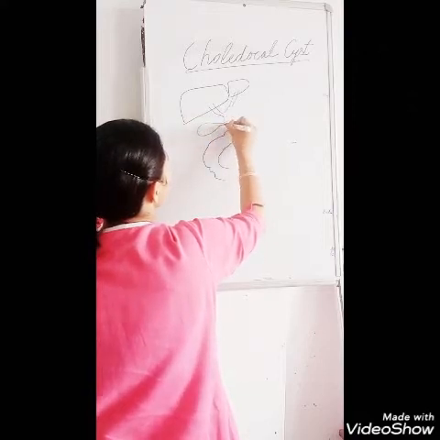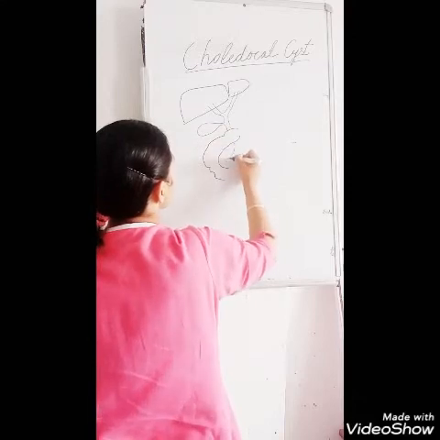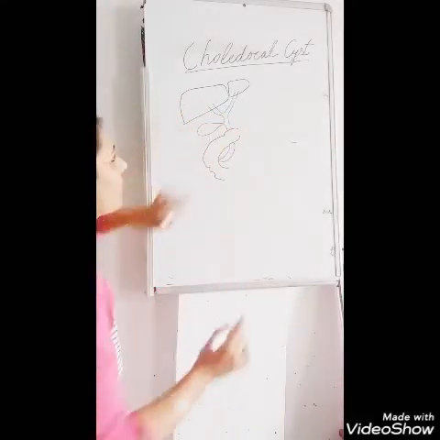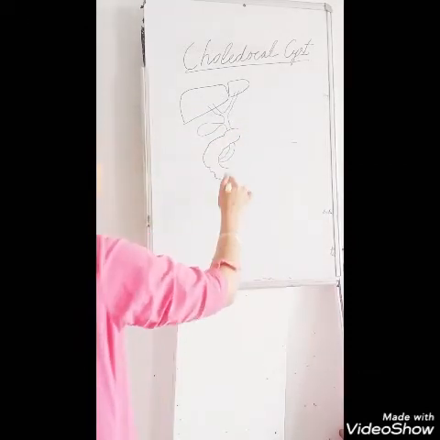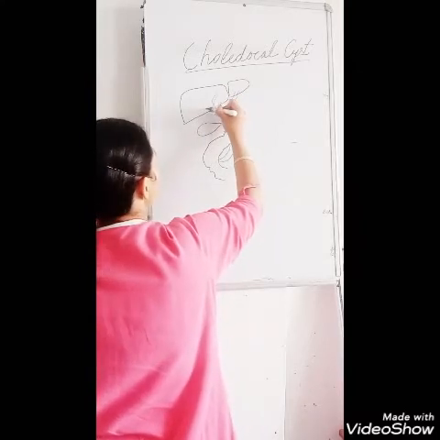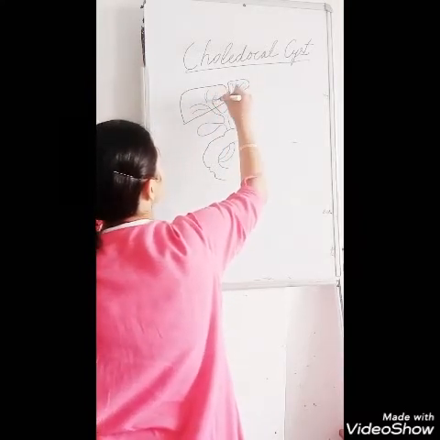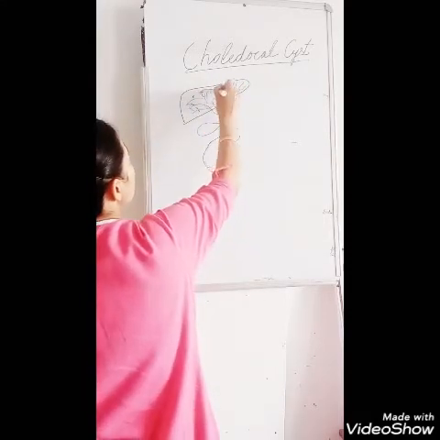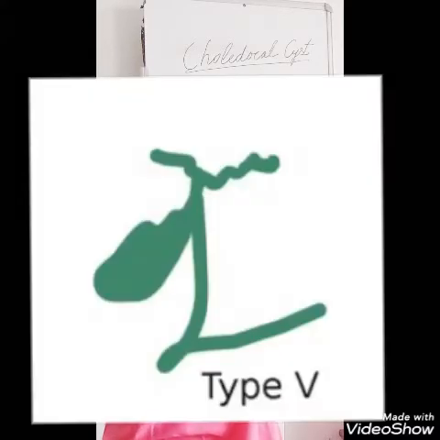This is the gallbladder. So everything is normal. The common bile duct is normal. Extrahepatic ducts are normal. The dilatation occurs here inside the liver. Multiple cysts occur.